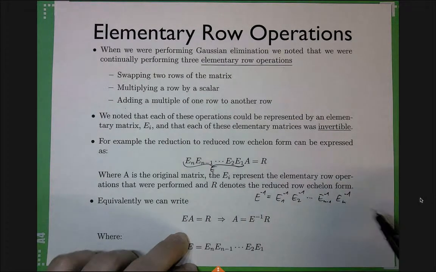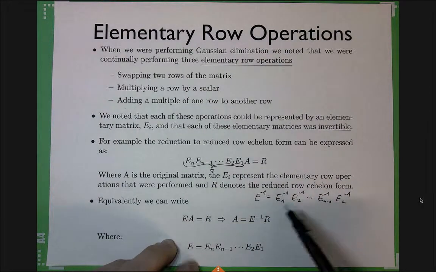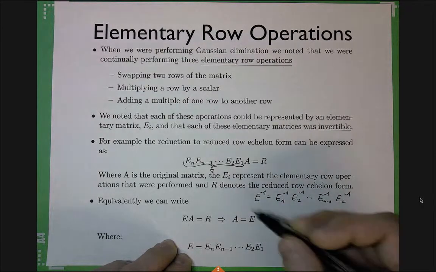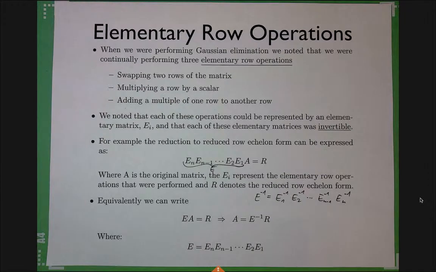So the order flips. Because all these inverses exist, I can multiply them together, and the inverse of E exists. So I can write the original matrix A as the inverse of E times R. This is sort of the analog of LU decomposition, if you will, but I don't think it's usually called that.